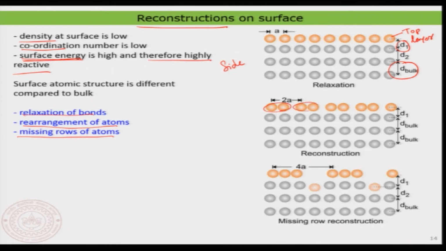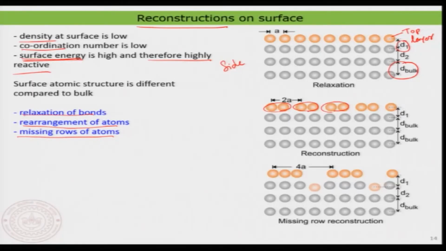The atoms on the surface are getting paired to each other. So, when they get paired, the surface atoms come closer. Of course, by doing this, they reduce the surface energy. In addition, they also reduce the relaxation along the bulk direction.